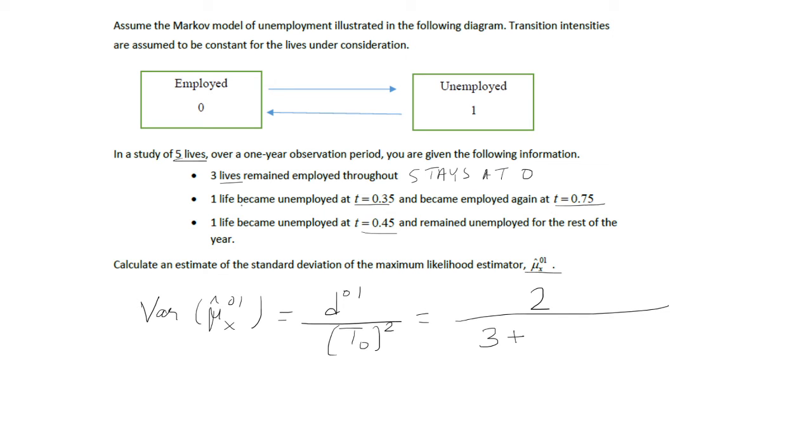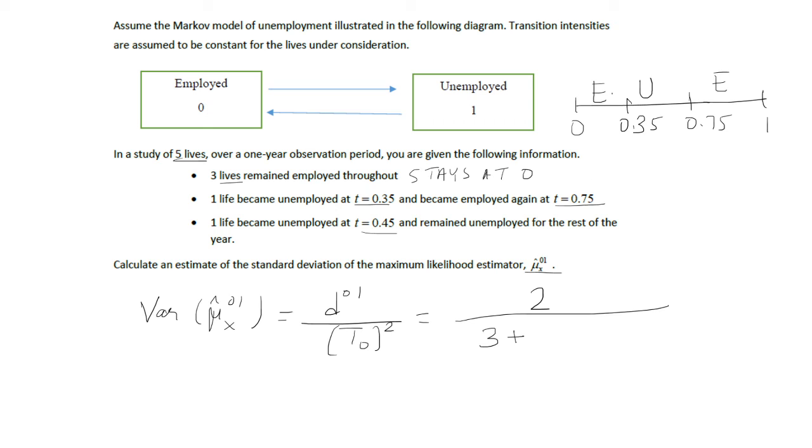For the second life, it became unemployed at t equals 0.35. So starting at 0.35, it became unemployed, and then became employed again at t equals 0.75. So that means from 0 to 0.35, it had to be employed before becoming unemployed.